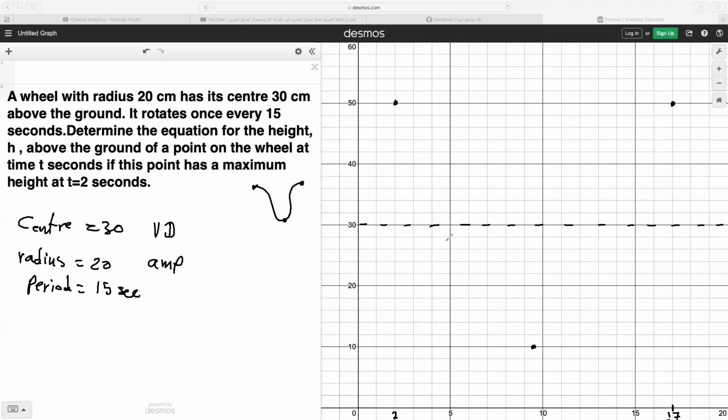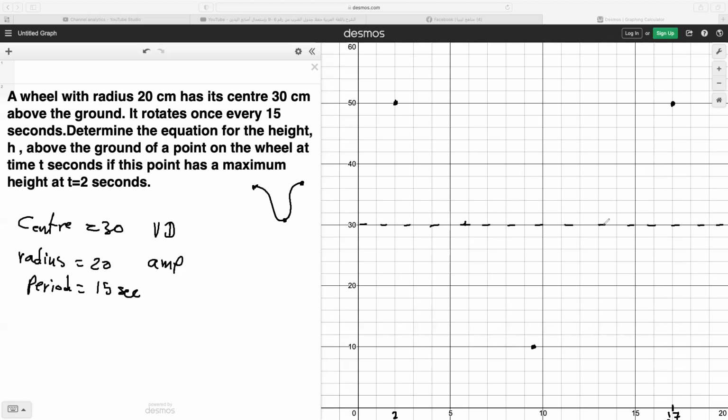Now I should also label my points on the vertical line, but because I'm dealing with decimals, it doesn't really matter. You kind of just eyeball it. 1, 2, 3, 4, 5, 6, 7.5. Somewhere around here.